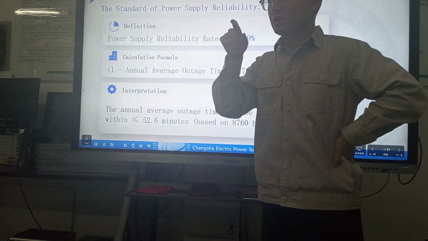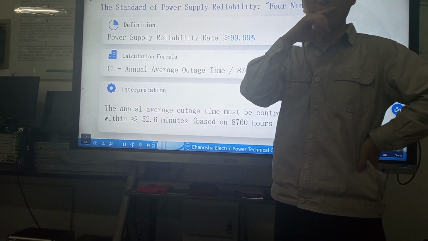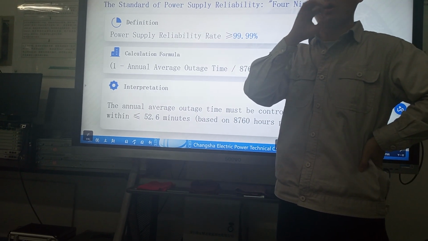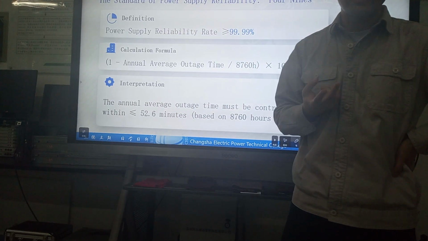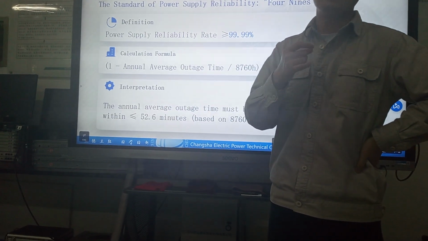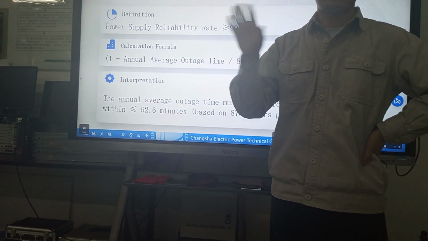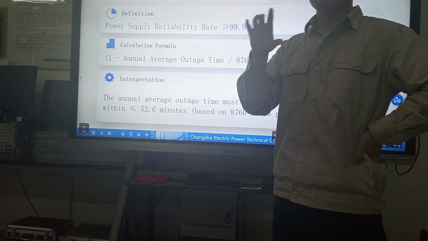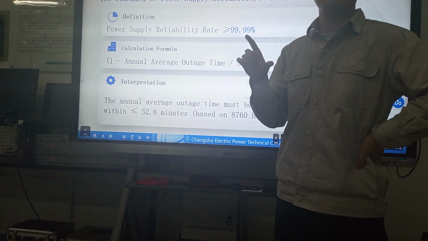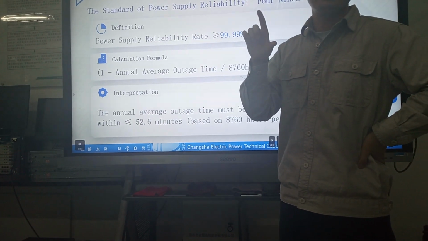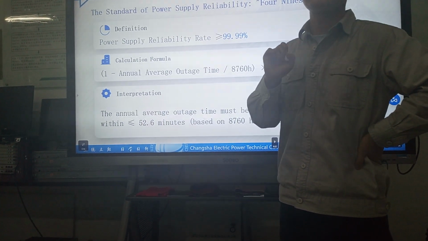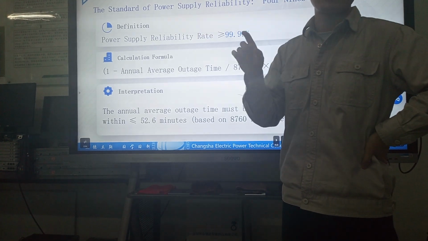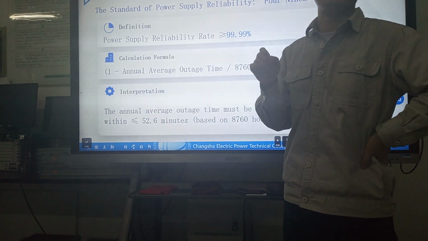When I was a teenager, or maybe we can say 20 years ago, everybody in our country had to prepare some candlelight in the house, just in case the power goes off. That's 20 years ago.